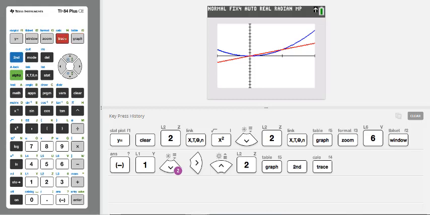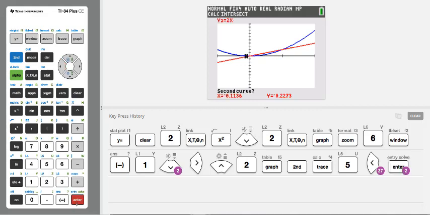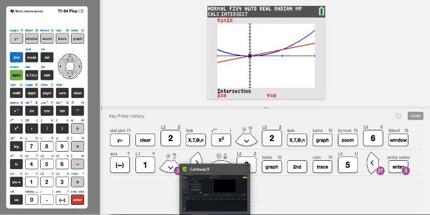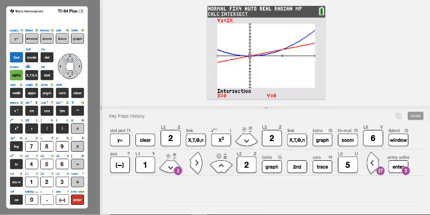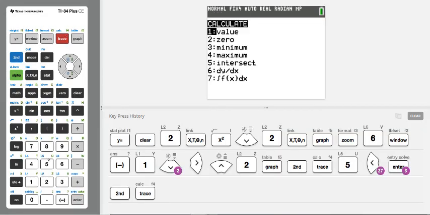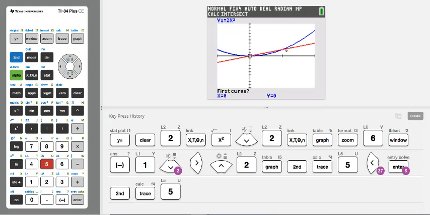So second trace 5, and I'm going to back it up. There we go. Enter, enter, enter. And that's at 0. So one of my answers is that x value is at 0. Let's go find what the other one is. Second trace number 5. Now I'm going to find this intersection right up here, and it should be 1, but we're going to look at it.